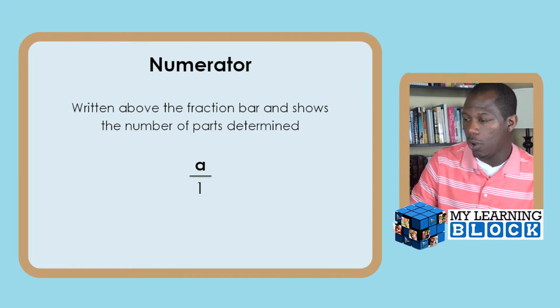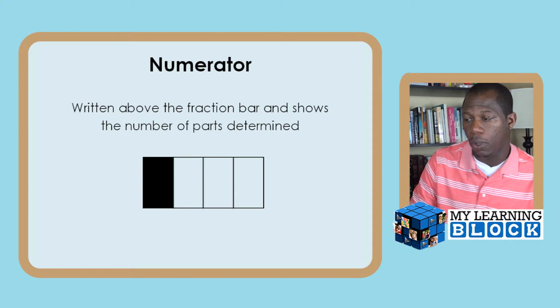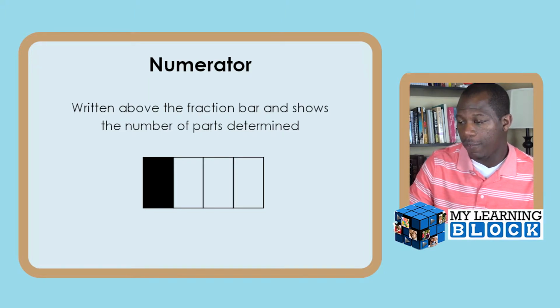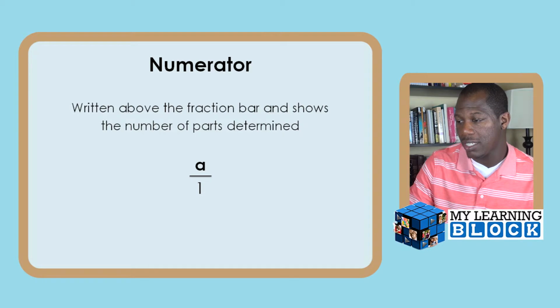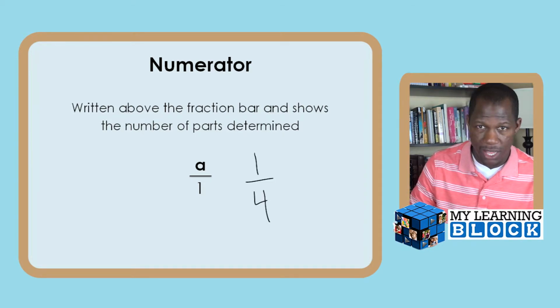If we look at an example, we see 1 part colored out of 1, 2, 3, 4. So I would say 1 out of 4 rectangles is colored.